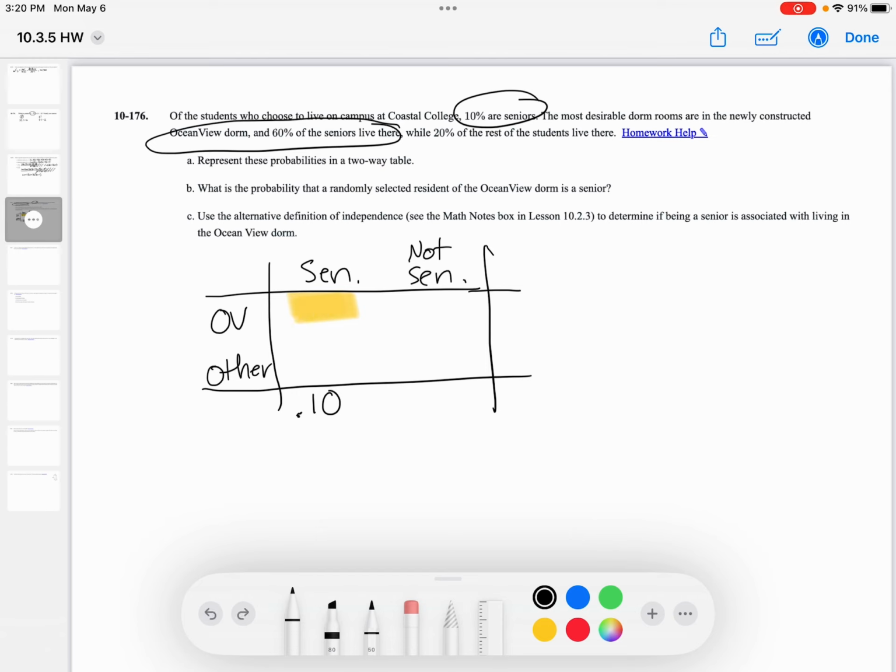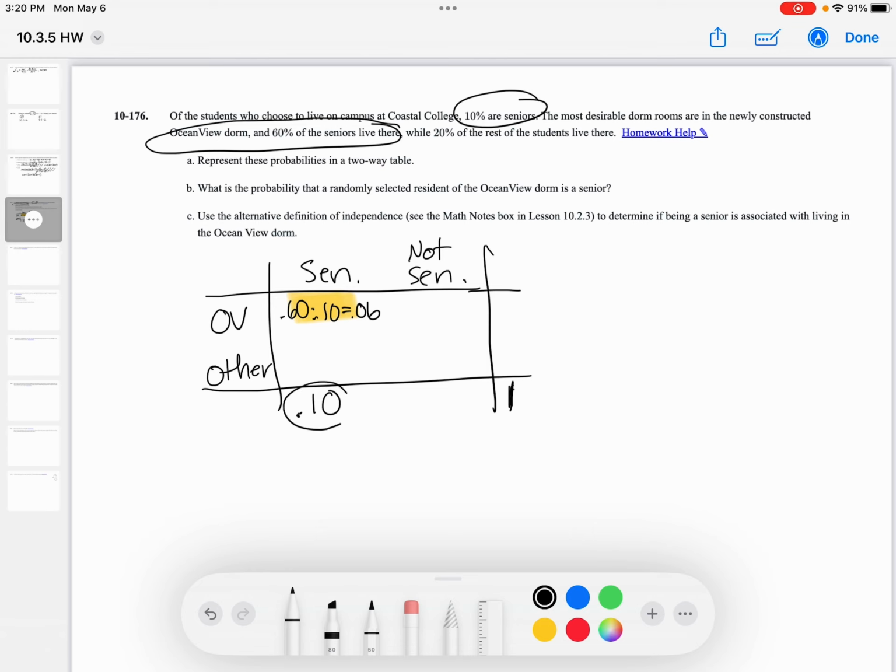I need to multiply 60% of, which means multiply, seniors. So 0.6 times 0.1 gives me 0.06. That's my value for that box. Okay, and 20% of the rest of the students, of not seniors, live there. Well, one thing I do know is that this is a 1, and remember, all my columns and rows need to add together.